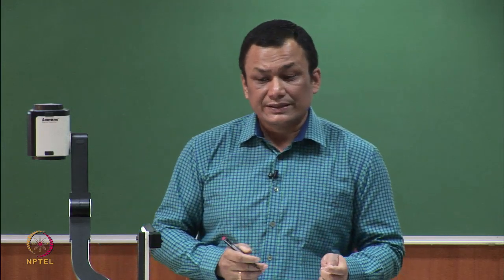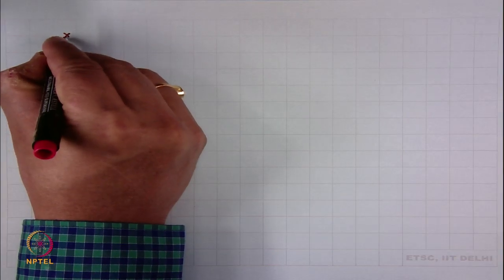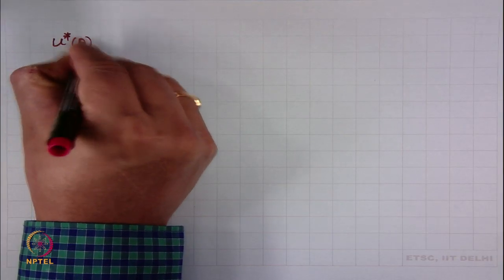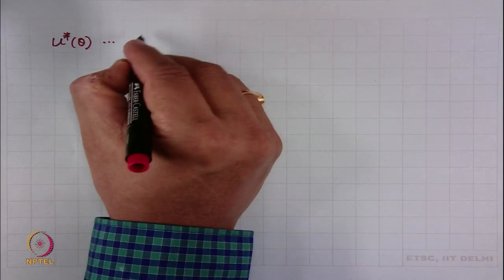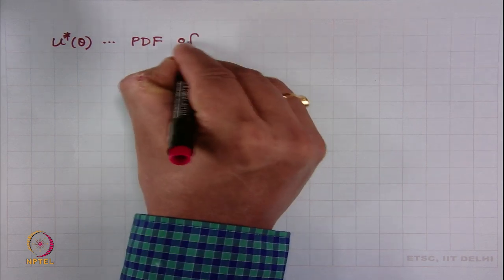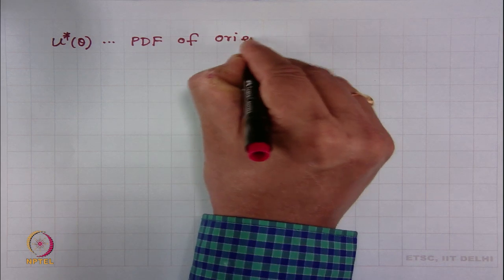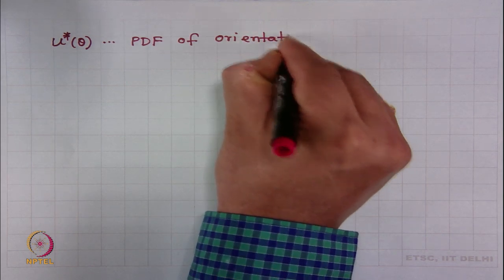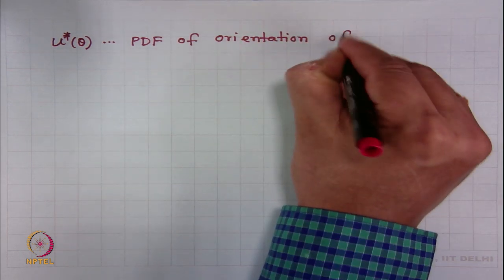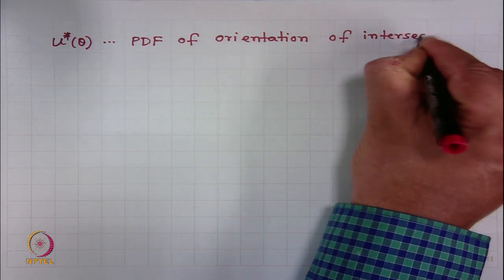So, let us consider that PDF as u star theta. So, we mean u star theta, PDF of orientation of intersected fiber segments.